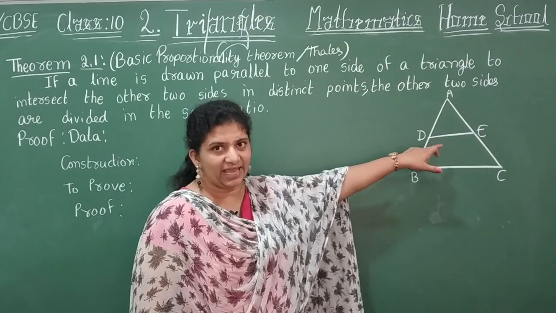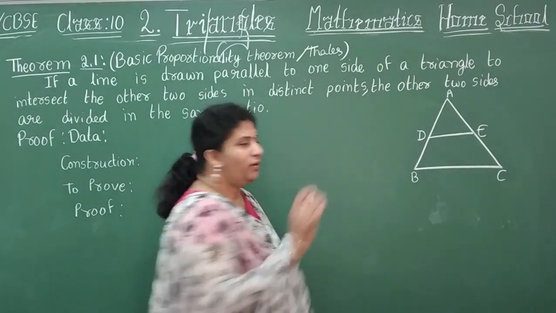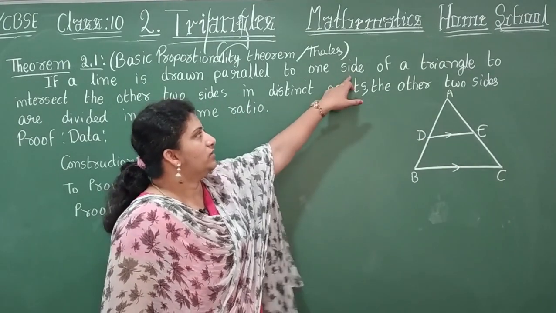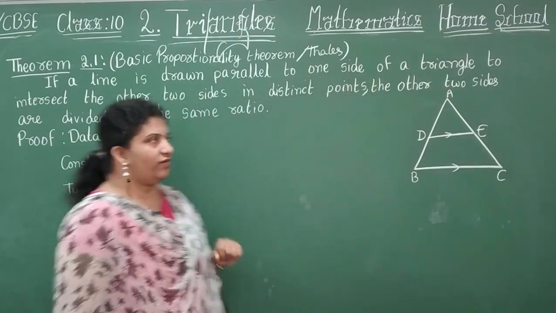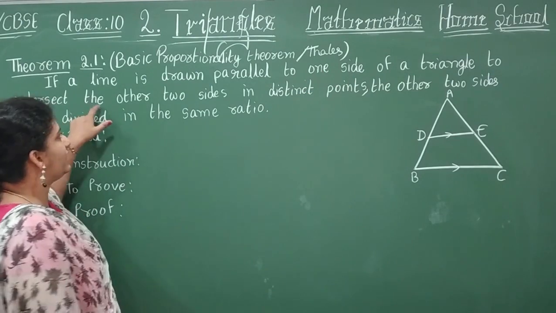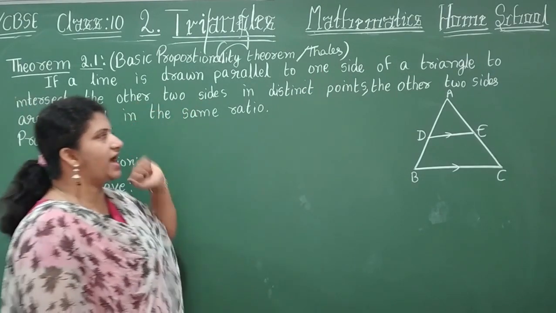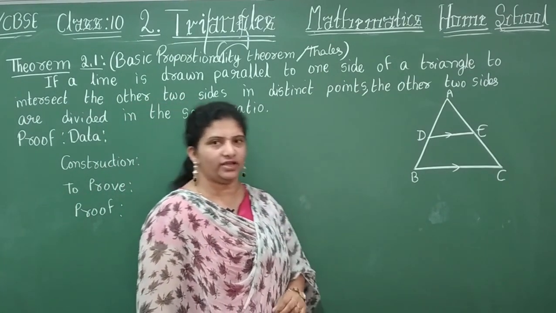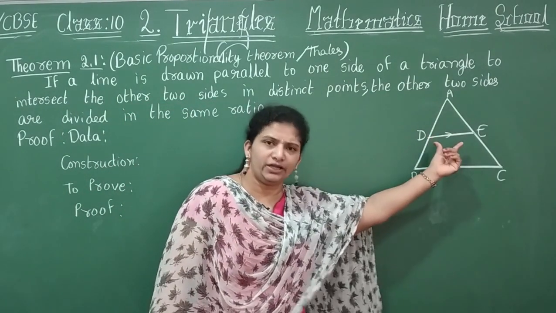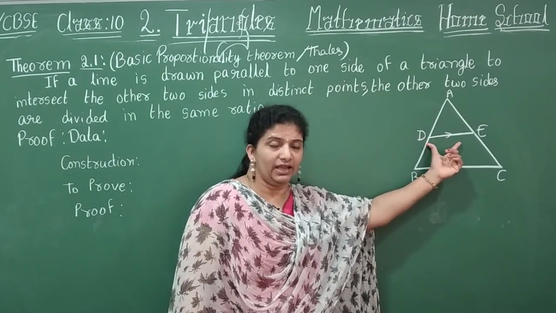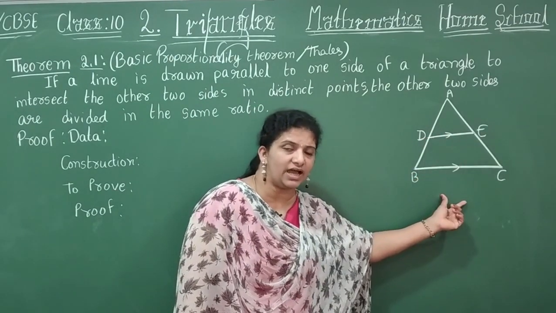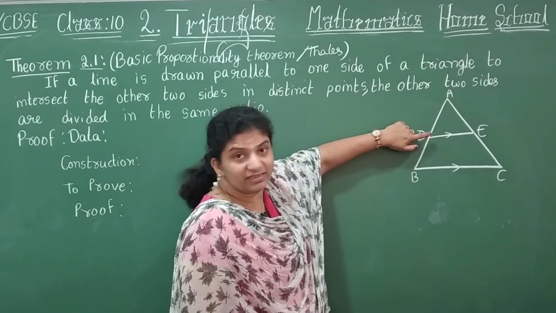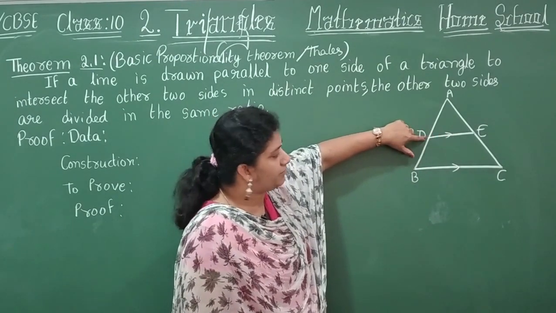DE is a line parallel to BC, one side of a triangle, to intersect the other 2 sides in distinct points, different points. So what does this line do, children? This line is parallel to one side and the same line intersects the other 2 sides at distinct points.